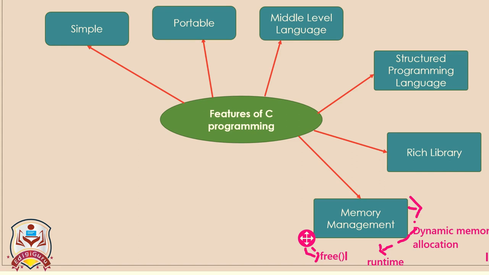With the help of this free function, we can deallocate the already allocated memory at any time, right? Since C supports dynamic memory allocation and deallocation, memory management is an important aspect of C language, which is provided by C language, right?